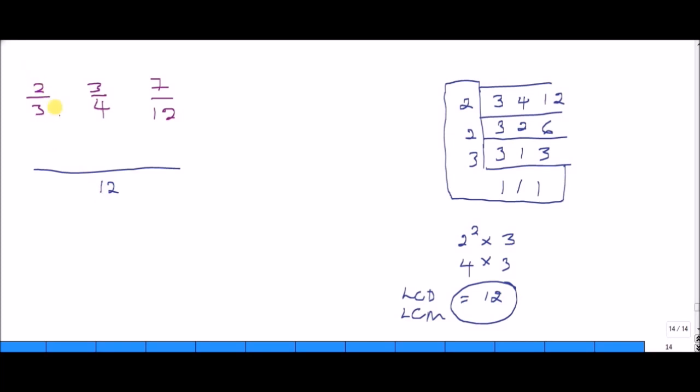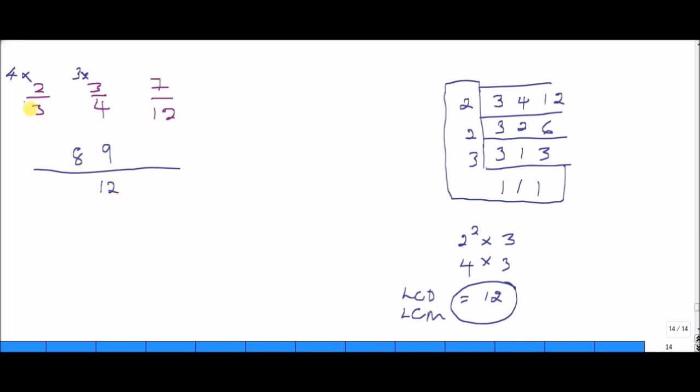Now that I have found a common denominator, I'm going to create the equivalent fractions. 3 into 12 will go 4 times, so I'm using the factor of 4 to multiply the numerator and the denominator. So 4 times 2 would make 8, and 4 times 3 would give me the denominator of 12. So 2/3 is equivalent to 8/12. 4 into 12 will go 3 times. 3 times 3 would make 9, and 3 times 4 would give me the denominator of 12.